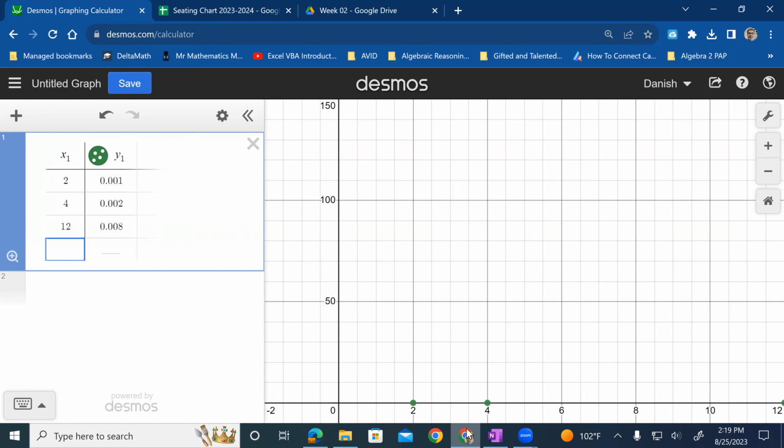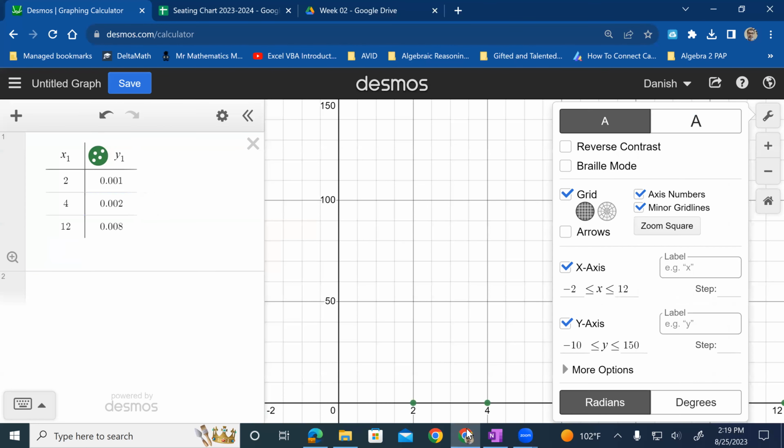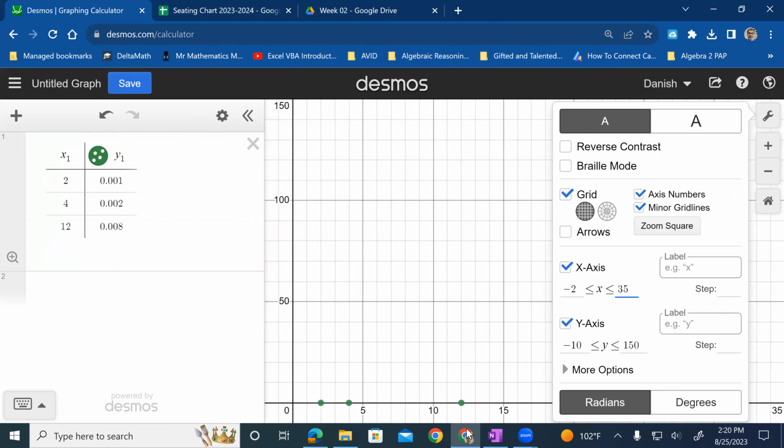We have another point in green color which has now appeared over here. But oh my god, where is the 12? My scale doesn't fit the 12. That means I need to fix the scale. How? Again, in the settings, I will go and for the x-axis take it from -2 up till 35. Do it with me.